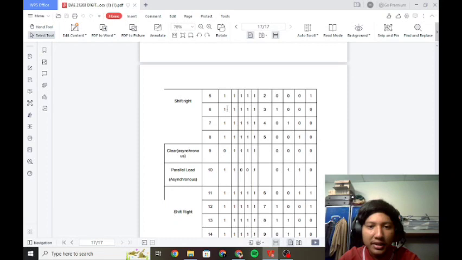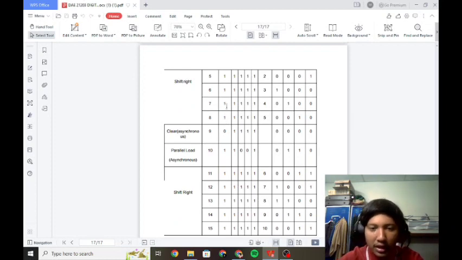At line 6, when clear is 1, A is 1, B is 1, C is 1, D is 1. Clock pulse 3, the output will be at A will be 1, B will be 0, C will be 0, D will be 0. At line 7, clear is 1, input A is 1, input B is 1, input C is 1, input D is 1.